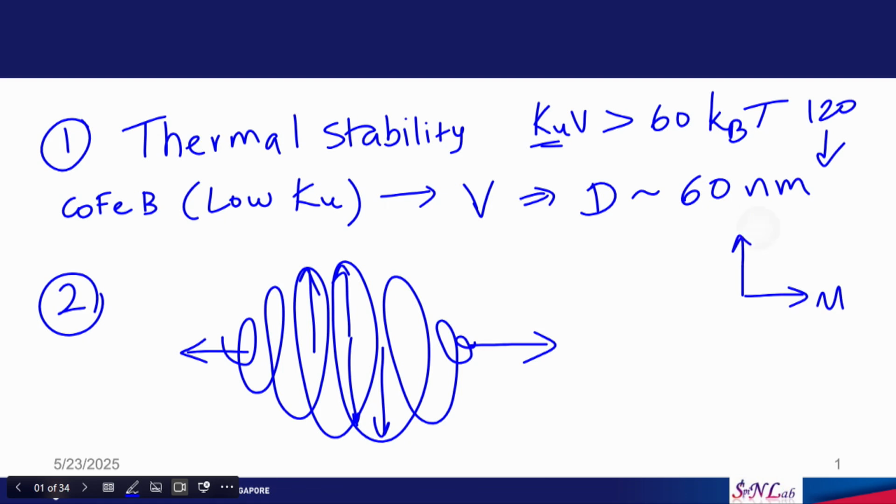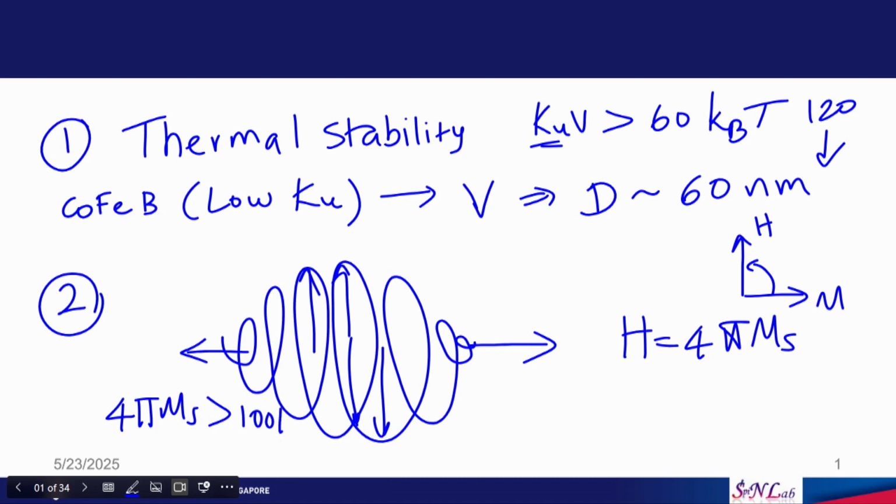and if you want to apply a certain magnetic field and bring this magnetization to be parallel to H, that field is 4 pi ms. So, this field is much larger than the anisotropy field. 4 pi ms is much larger than, say 100 times larger than Hk, something like that.